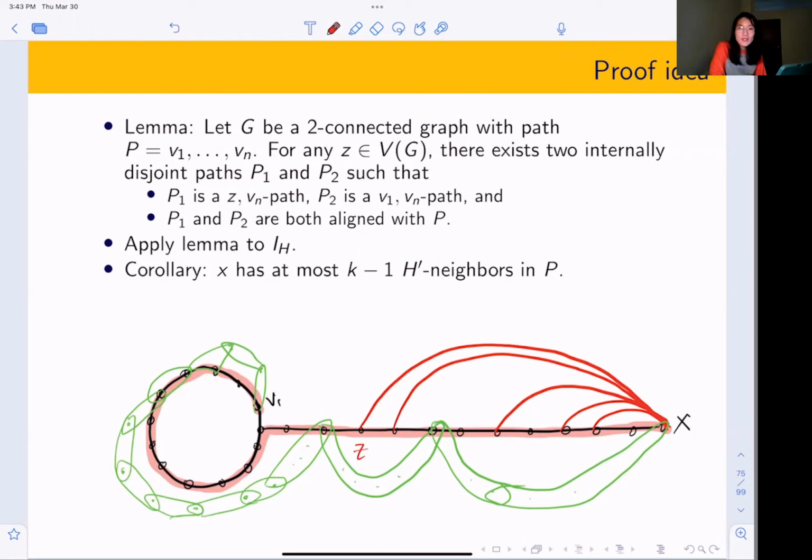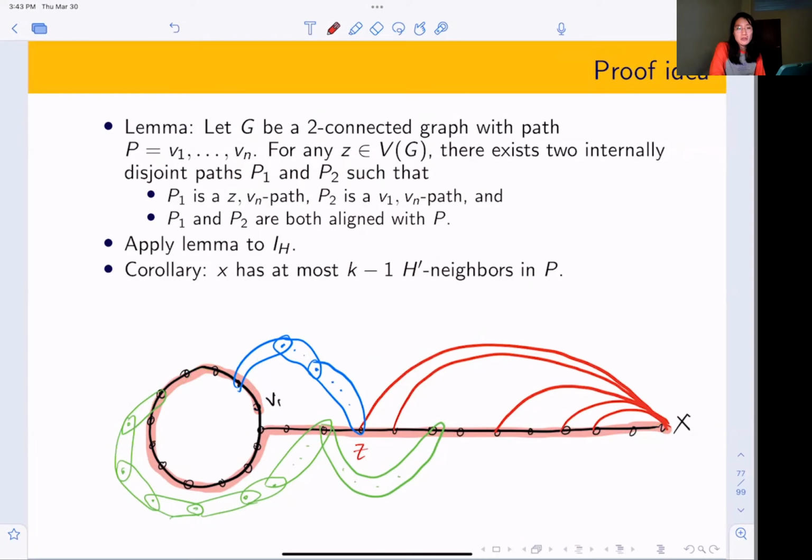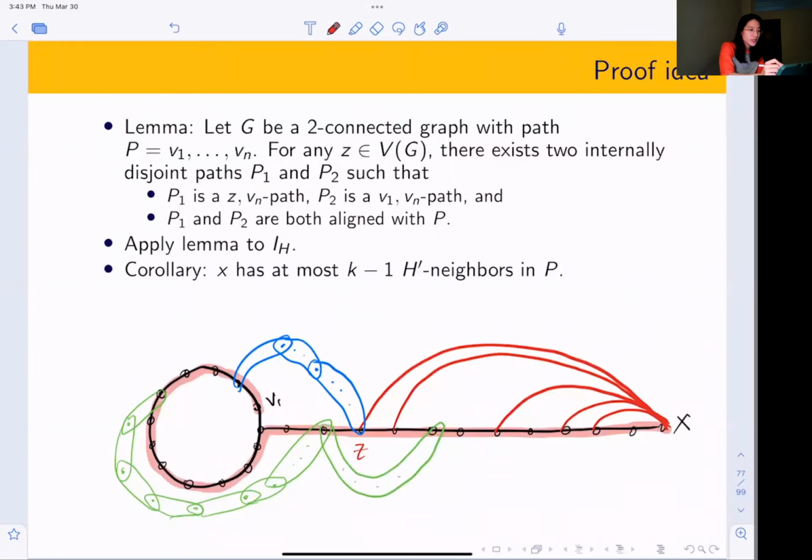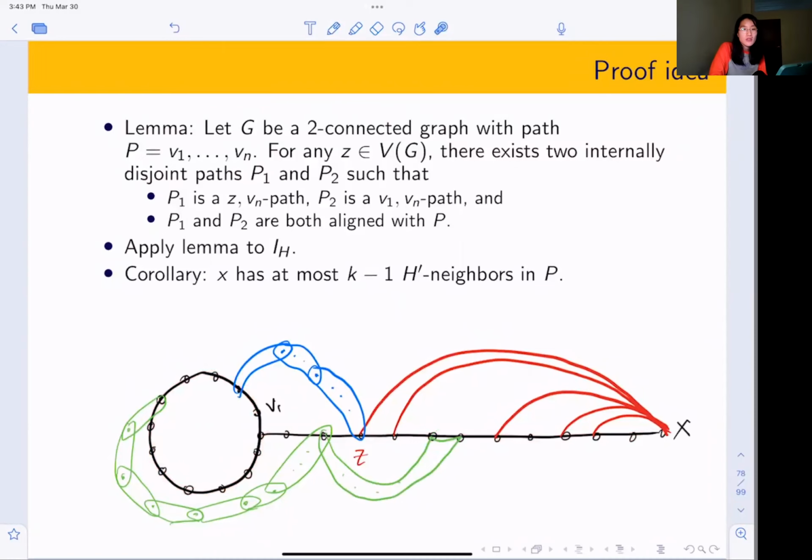So here I have some aligned Berge path from V1 to X. Here I have another one from V1 to Z. And so similar to before, I can now trim these down, so they intersect at only the points I want once. And okay, so here, this could also have been an edge, not a vertex, so something like this.